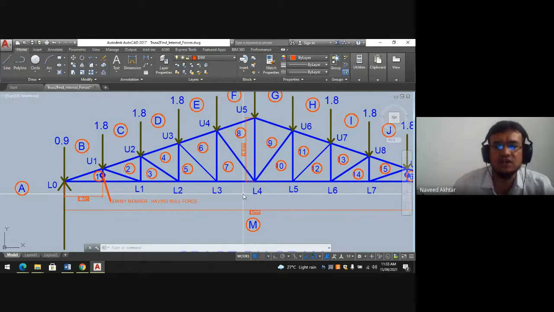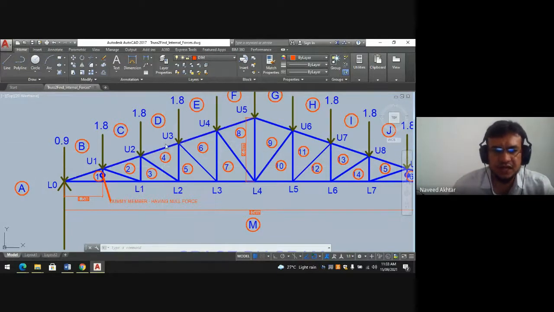In gravity load they are in tension, and in gravity load the rafters are in compression. Then the vertical members you can see are L4, U5, L3, U4, L2, U3, L1, U2. These are the vertical components, called struts or ceilings, and they are in tension in gravity load, or compression sometimes.